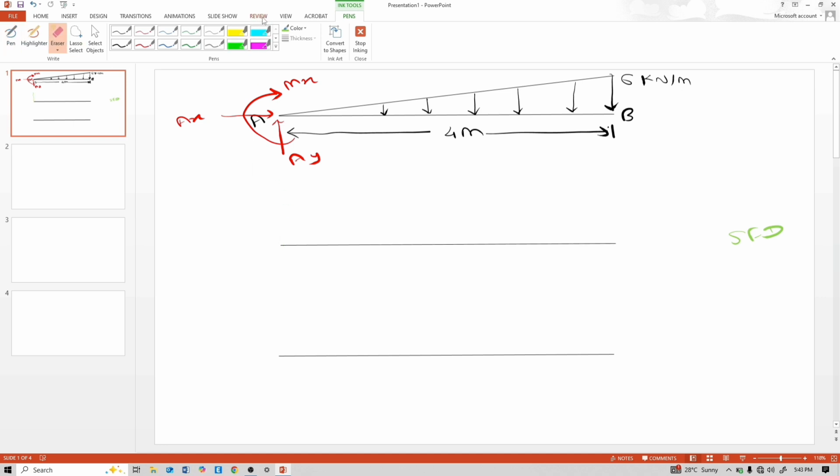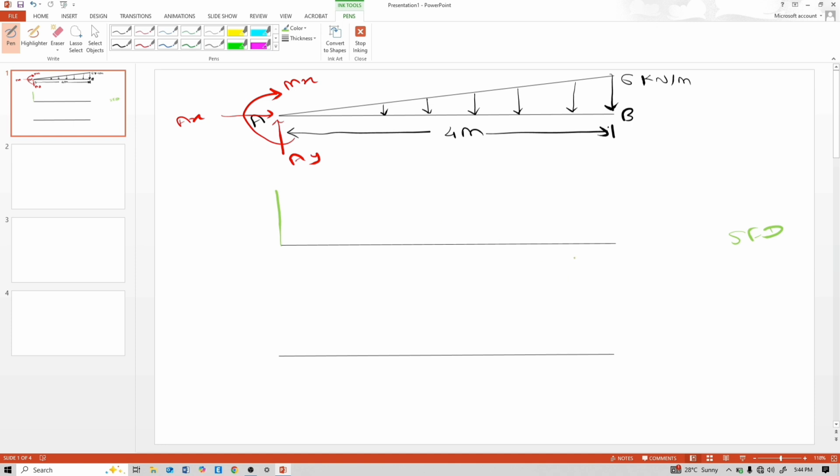This is a straight line. And due to this uniformly varying load, parabolic shear force occurs. In our normal uniformly distributed load, shear force is an inclined line, but here due to this UVL, parabolic shear force is generated.